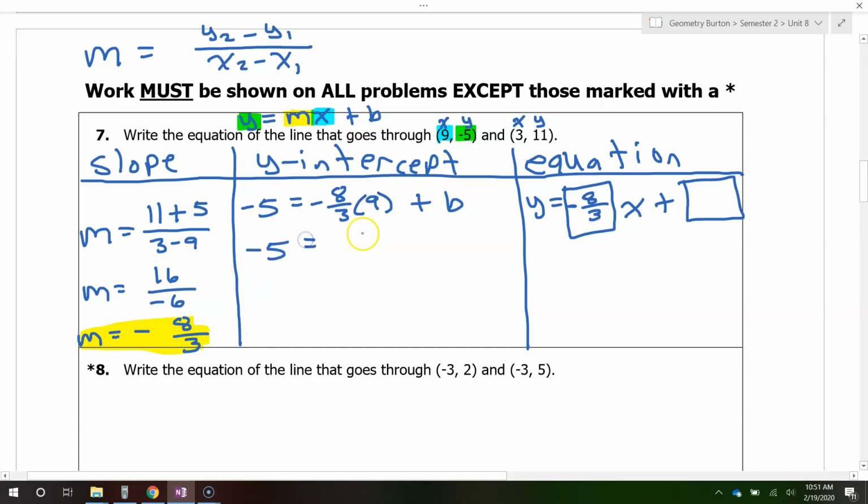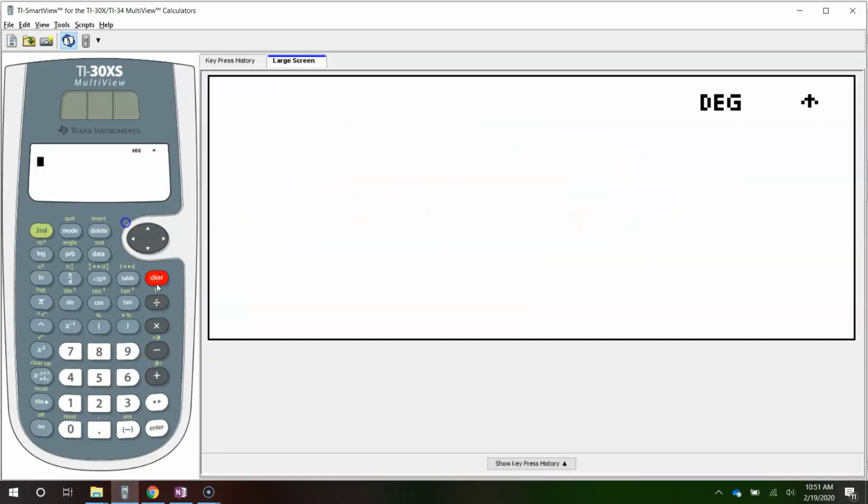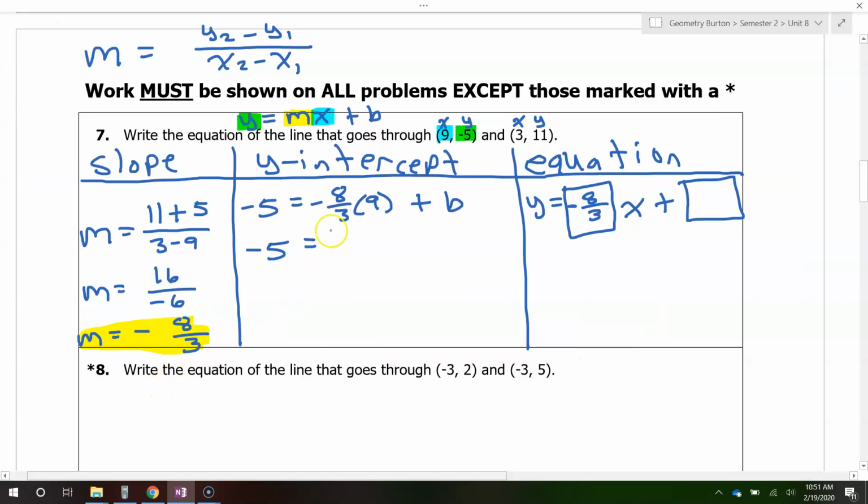So I have negative 5 equals. Now, I can do this in my head because 3 goes into 9 3 times. So this is a 3, and then 3 times negative 8 is negative 24. So I know that the answer is going to be negative 24. But if you are like, what are you talking about? Use your calculator. So, you know, we've got the calculator, might as well take advantage of it.